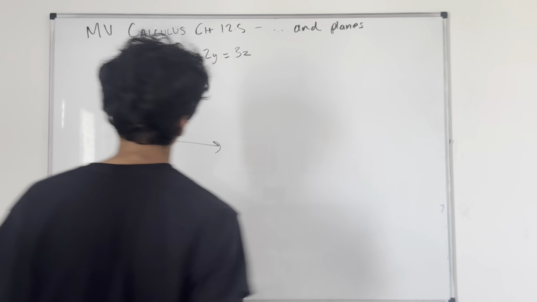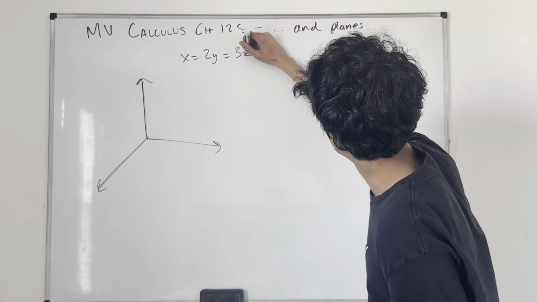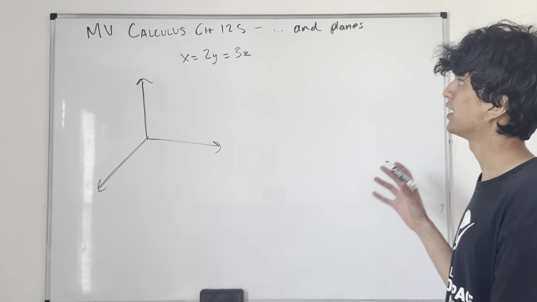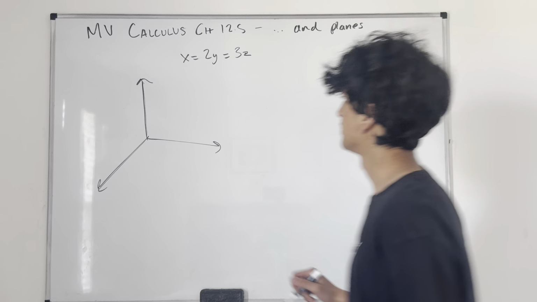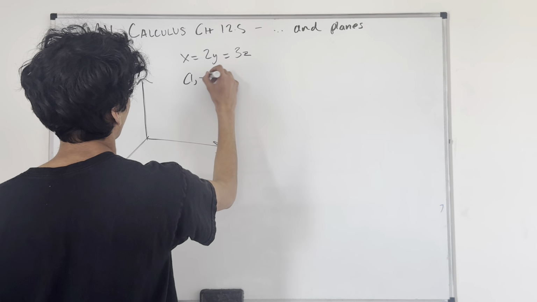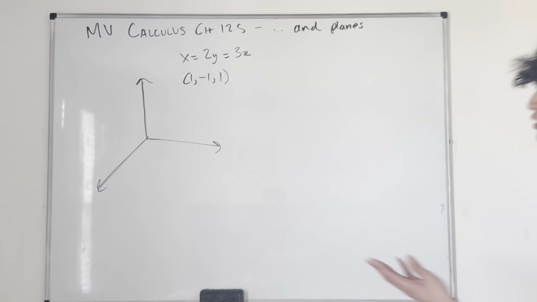So this is a symmetric form of the equation of a line. But we want to find an equation of a plane that contains this line, and that also contains the point 1, -1, 1.